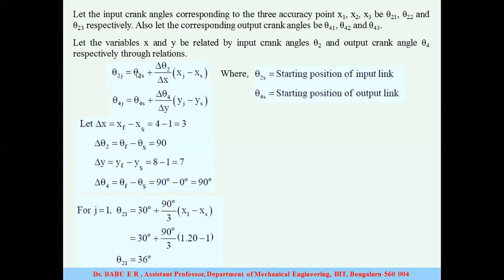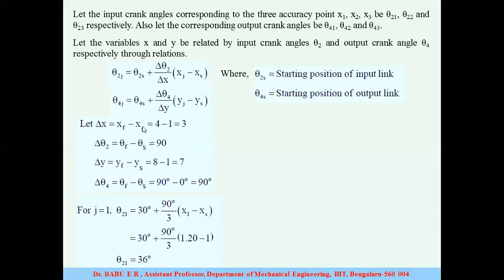Now substituting j equals 1, the equation becomes theta 21 equals theta 2s, the starting position of the input link, which is given in the problem as 30 degrees, plus delta theta 2, which is 90 degrees, by delta x, which is 3, into x1 minus xs.